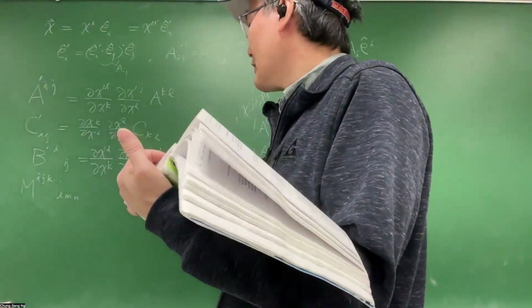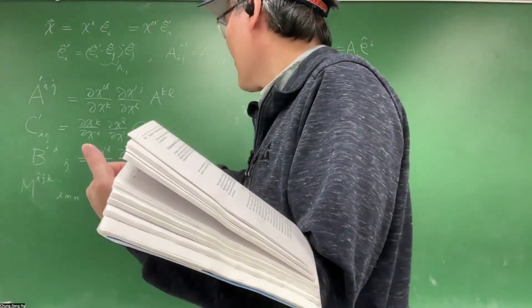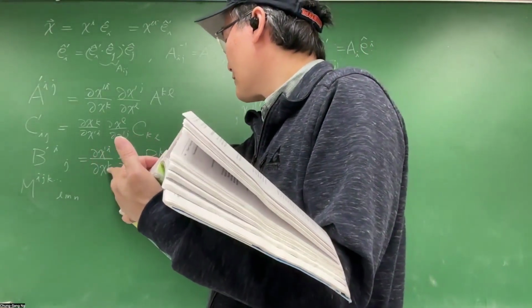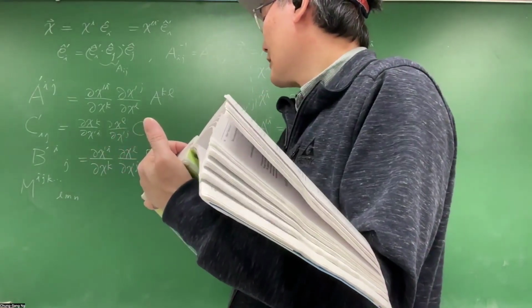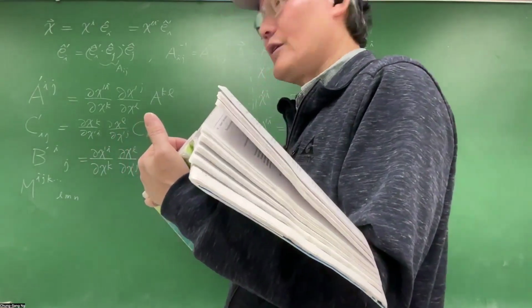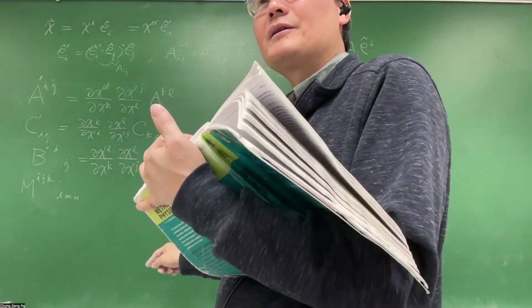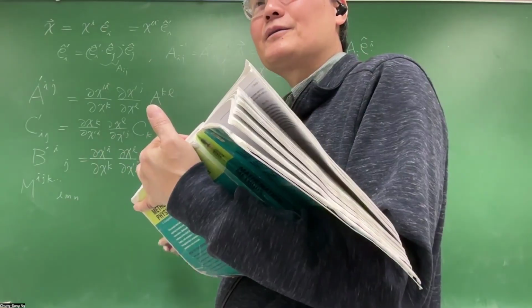This one, sum over K and sum over L, because one is in the subscript, one is in the superscript, the other also a superscript and a subscript. That means the sum over 1 to 3. Is that okay?